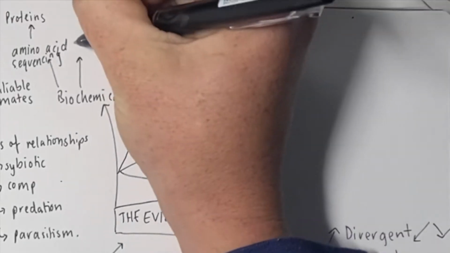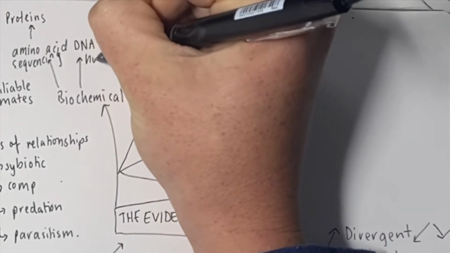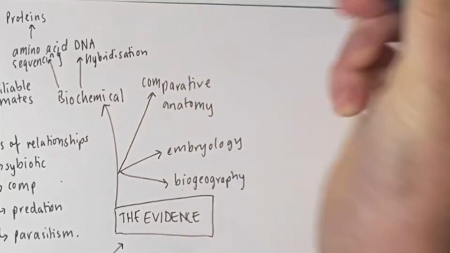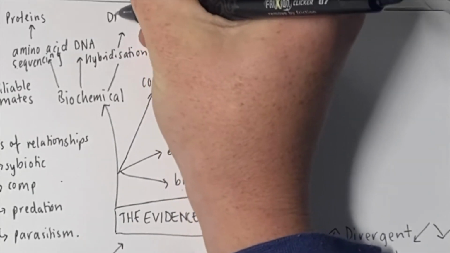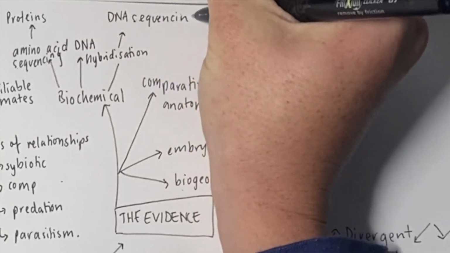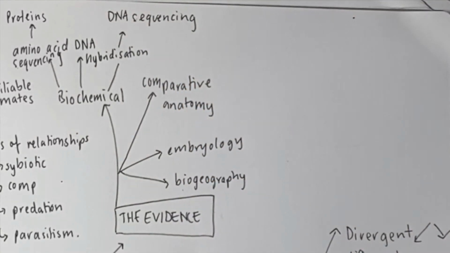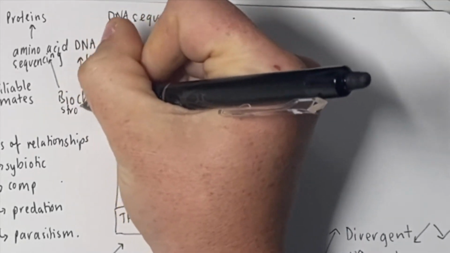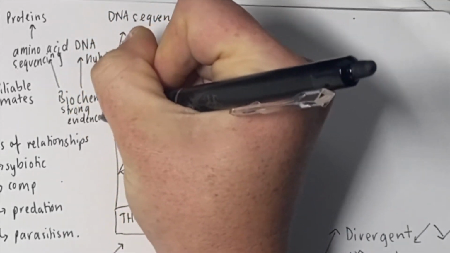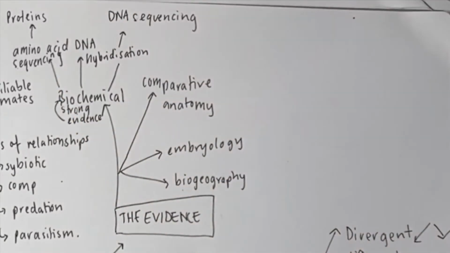DNA hybridization, where alleles of two species are directly compared to determine relatedness. And DNA sequencing, so actually using the code of the DNA. It provides strong evidence of relatedness between different species and common ancestry.